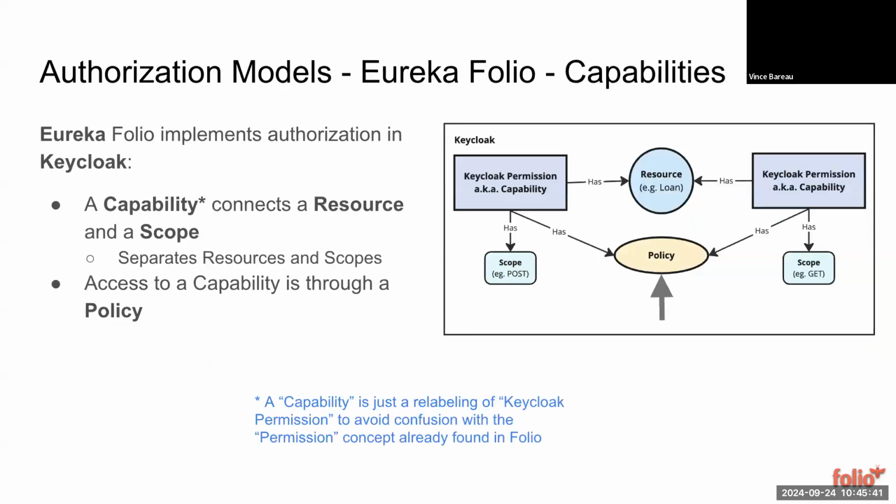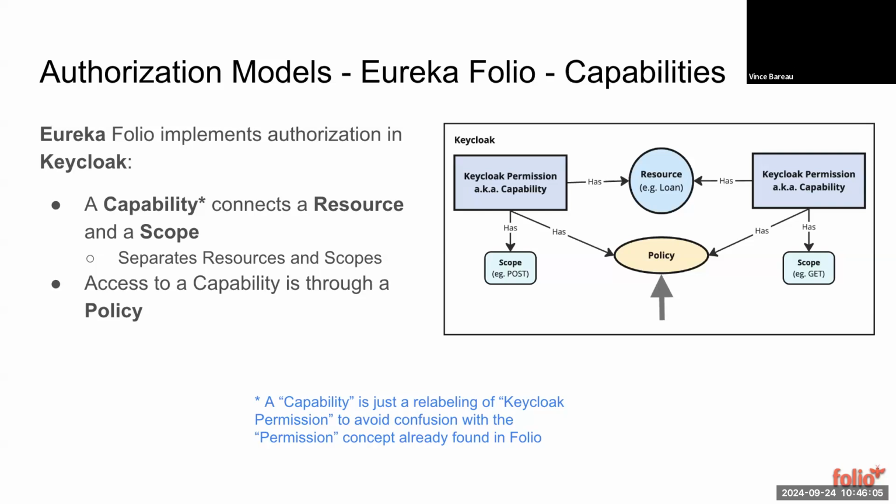So the way Eureka works is structured around the Keycloak data model, and the data model is slightly different. So first of all, there's not a permission that is defining at the same time the action and the resource. Instead, they have what they call a Keycloak permission, which has a resource that it points to.